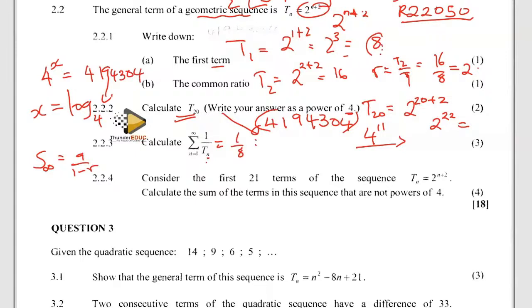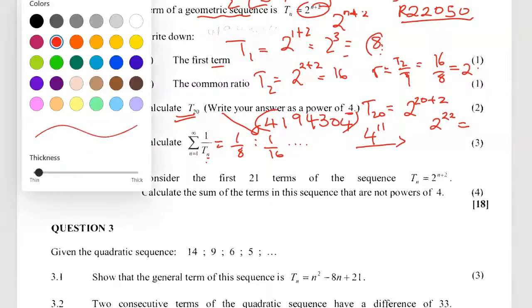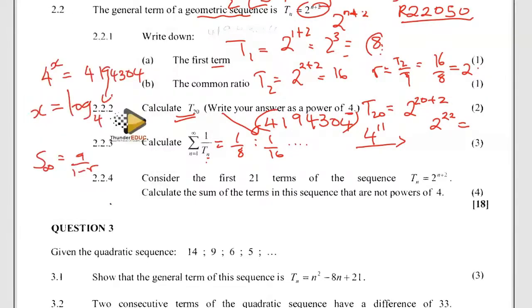The second term is going to be 1 over 16, and so on. If we use this 1 over 8, 1 over 16, to establish the common ratio of this pattern, we're going to have our common ratio as a half.